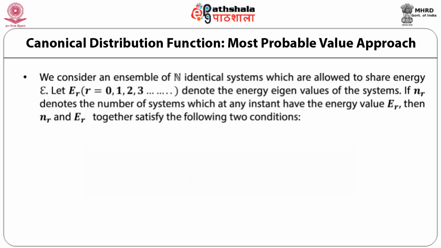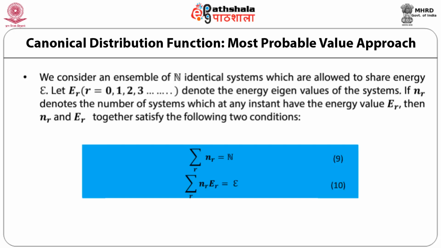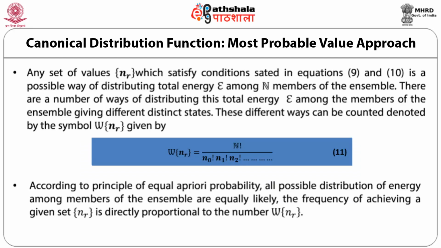If NR denotes the number of systems which are at any instant having the energy value ER, then NR and ER together satisfy the following two conditions: summation over R of NR is equal to capital N, and summation over R of NR multiplied by ER is equal to ℰ. Any set of values of NR which satisfy conditions stated in equations 9 and 10 is a possible way of distributing total energy ℰ among N members of the ensemble.